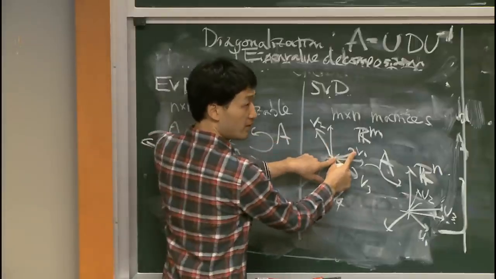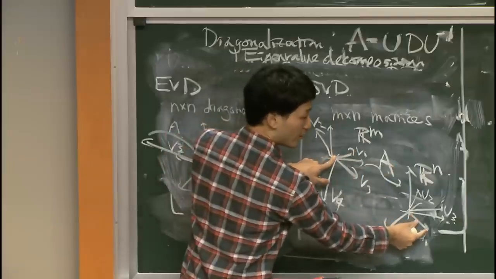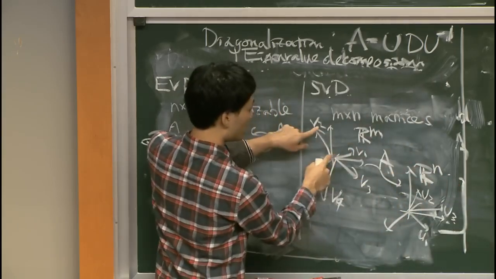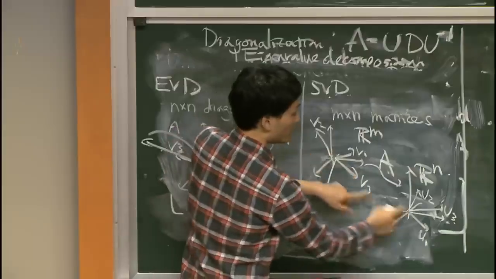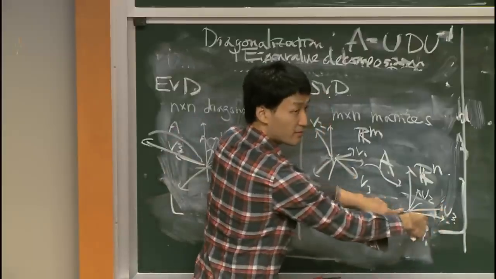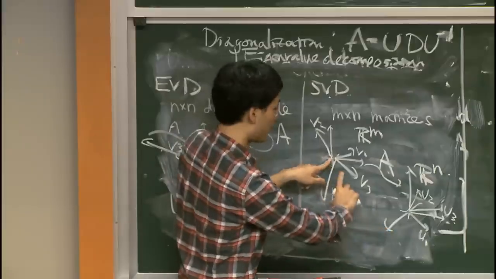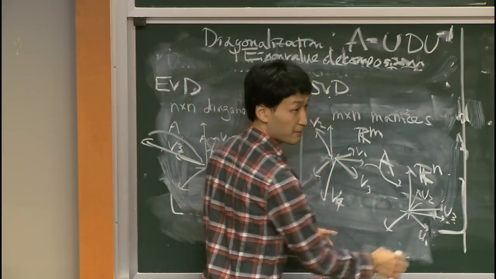When you take V1, A will take V1 to U1 and scale it a little bit, according to that diagonal. A will take V2 to U2 and scale it. A will take V3 to U3 and scale it. Wait a minute, for V4 we don't have U4. What's going to happen is that this is just going to disappear: V4, when applied A, will disappear.